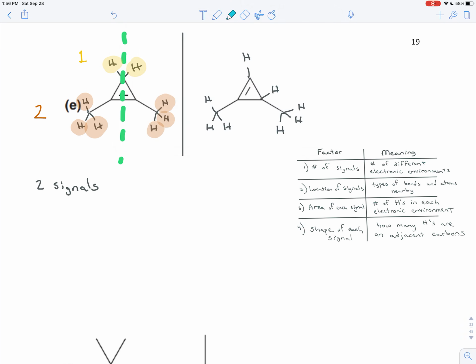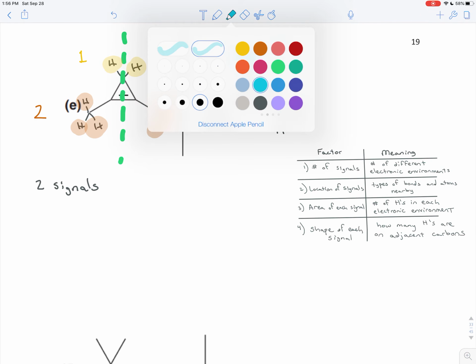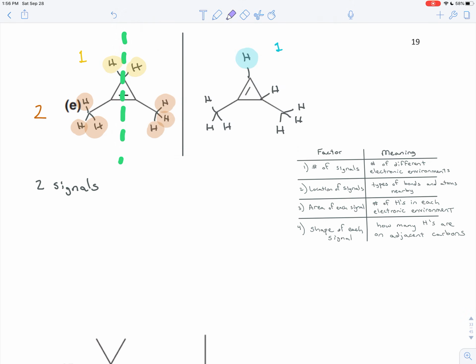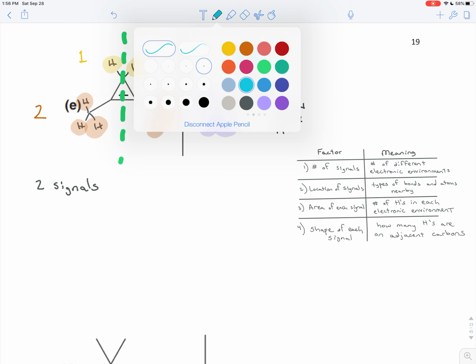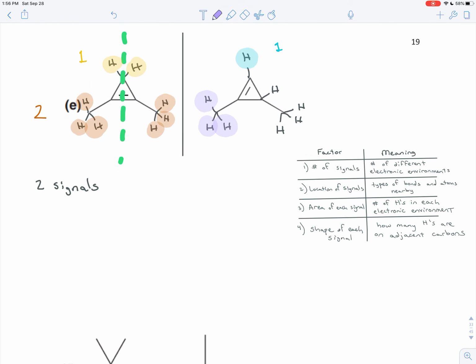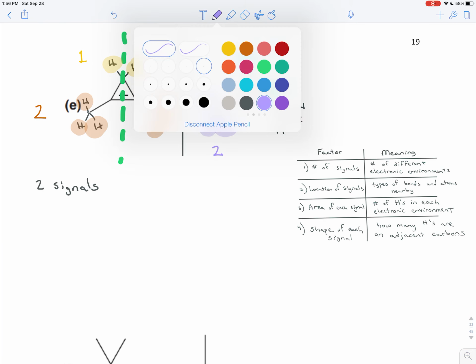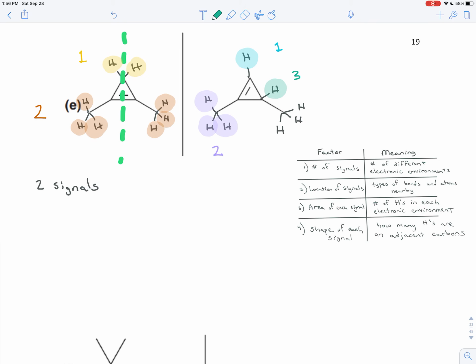For the molecule on the right, there is no plane of symmetry, and so you would have this hydrogen here, that's in one electronic environment. The 3 hydrogens in the methyl group coming off of the ring are a different electronic environment. The hydrogen attached to the ring, but not to an atom in a double bond, is a third electronic environment.